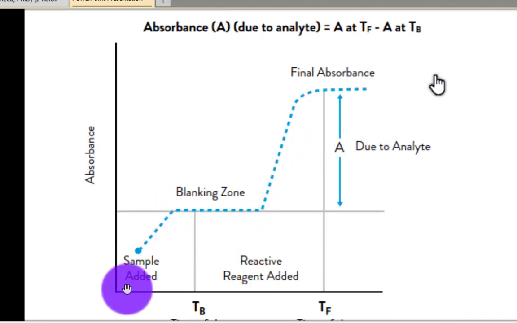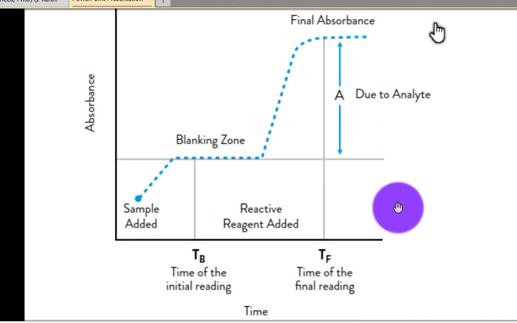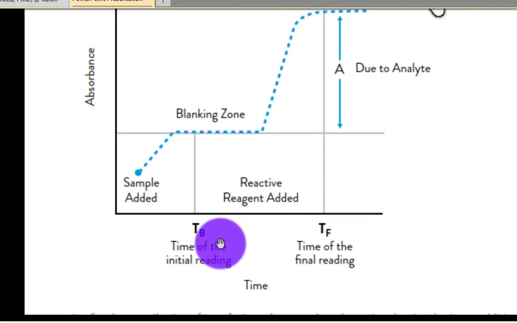This is the sample added, the blanking zone, the final absorbance. Here A is due to analyte, TB is the time of the initial reading, TF is the time of the final reading. Here the reactive reagent is added.